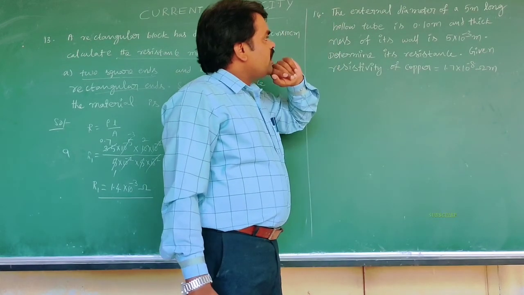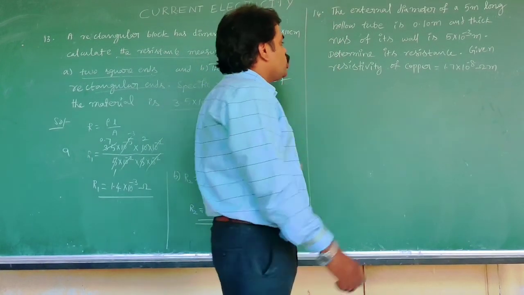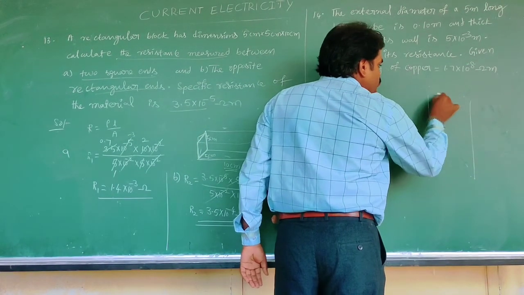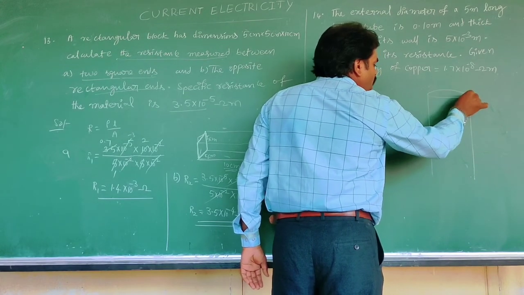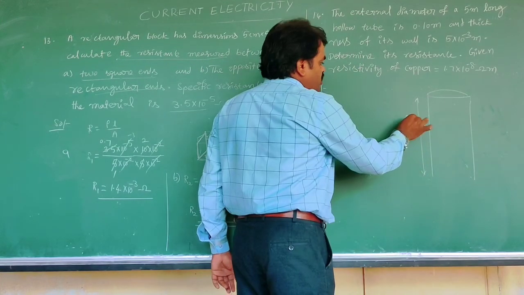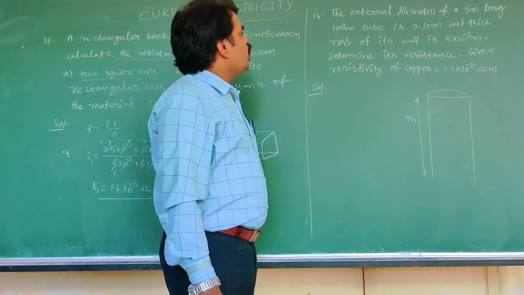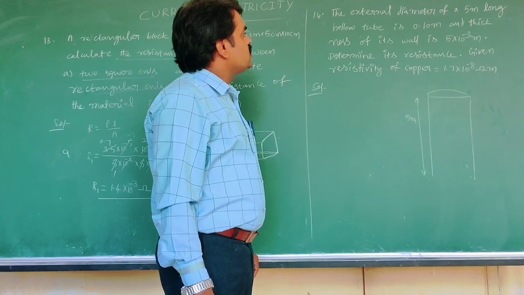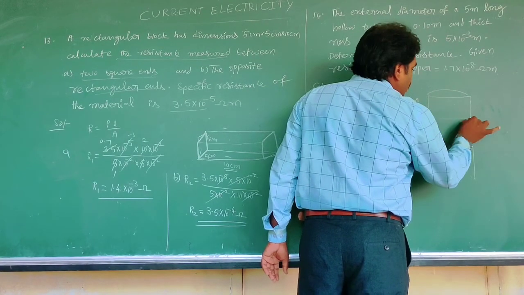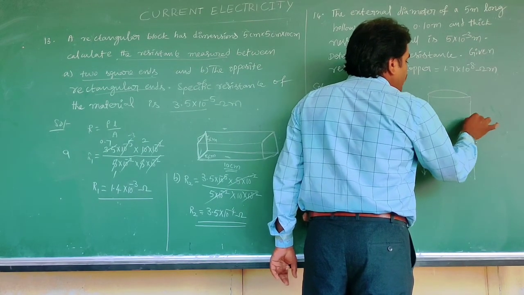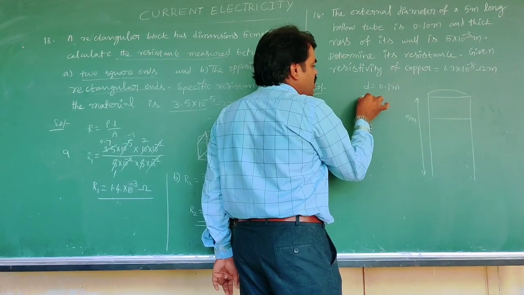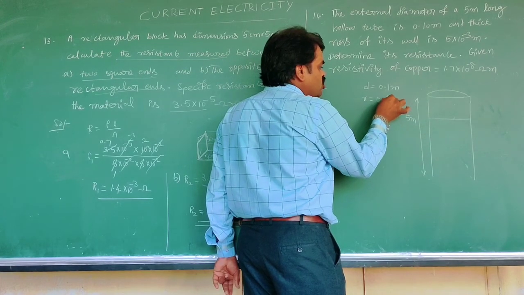The external diameter of a 5 meter long hollow tube. Now this is a hollow tube of length 5 meters, L is given, and the diameter is 0.10 meter. That is, the radius is 0.05 meter.